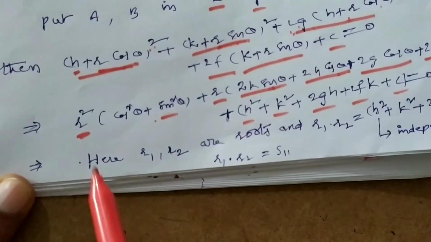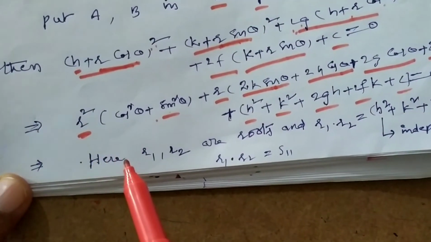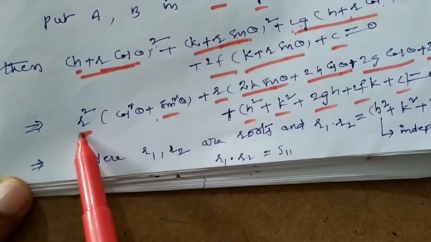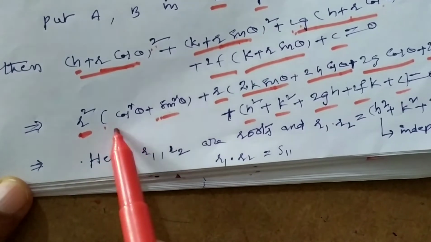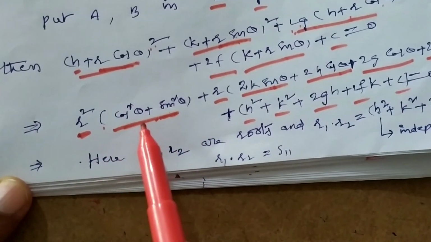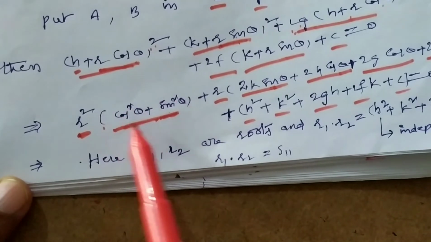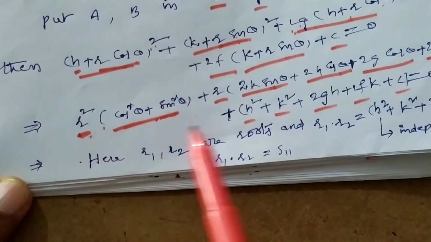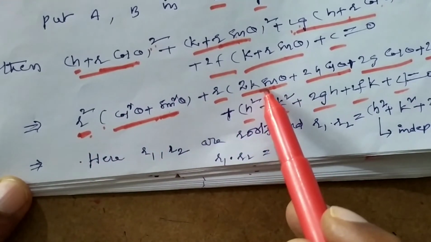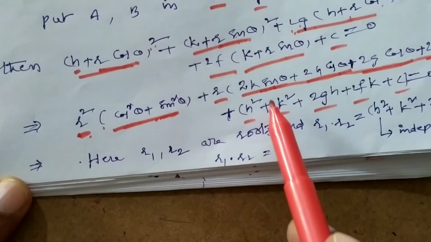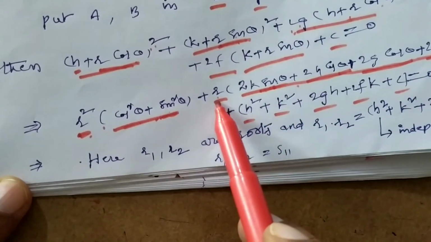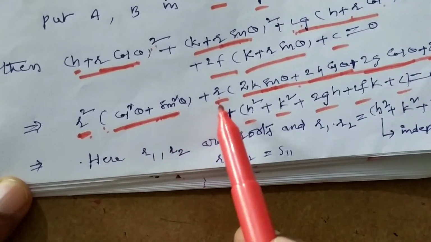So here it is a quadratic equation in terms of r. See here, r square is multiplied by a constant, and as theta is constant, you can treat these coefficients as constants. It is of the form a r square plus b r plus c, where r is the variable.